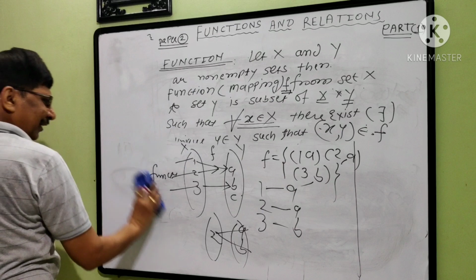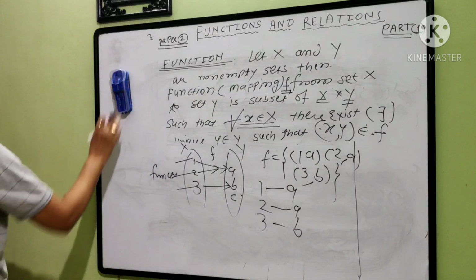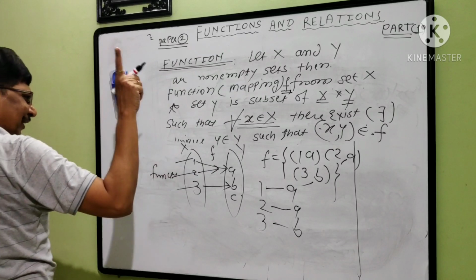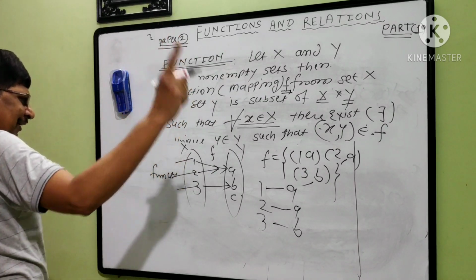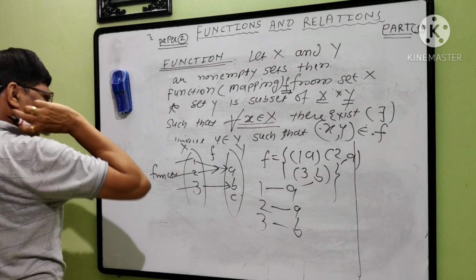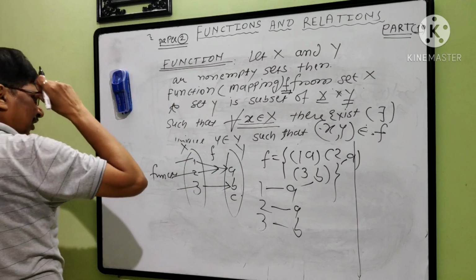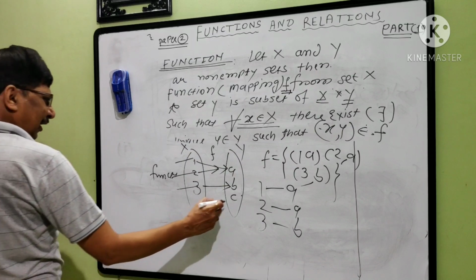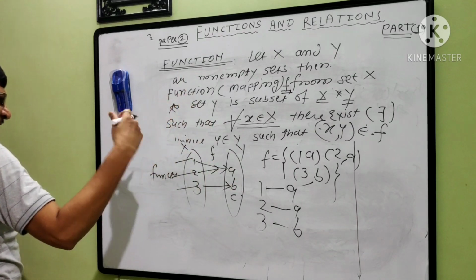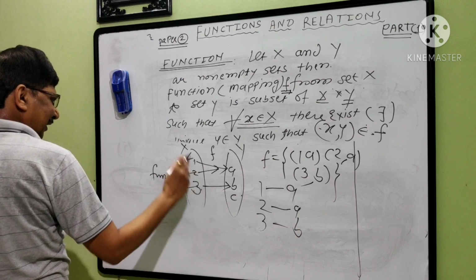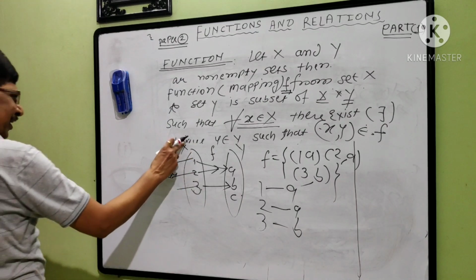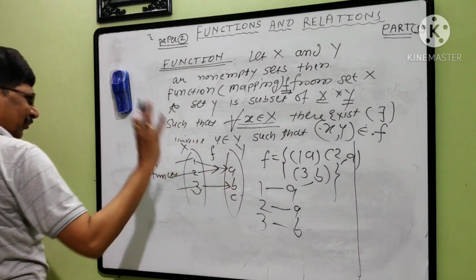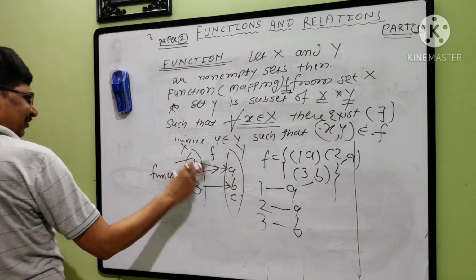In this example, each element is related to only a unique one. 1 is related to only one element. 2 is related to a unique element. 3 is related to a unique element, and it is not necessary that all elements of this Y should be related, but each element of X should be related. Means for every x there must exist a unique y. That is the condition. Now this is a function.